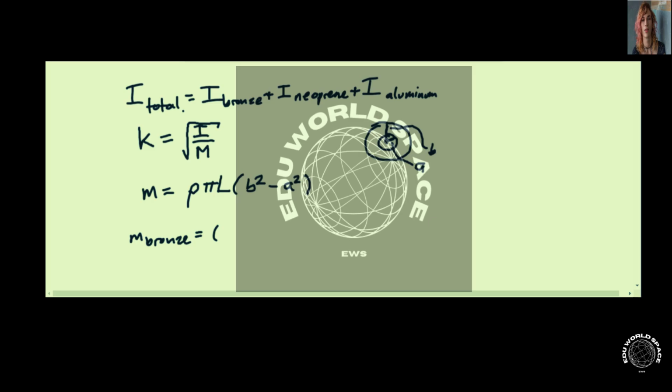First, for bronze, we have 0.310 pounds per inch cubed. And since everything is given to us in pounds and inches for this problem, we're just going to keep everything in pounds and inches and report our answer in pounds and inches.